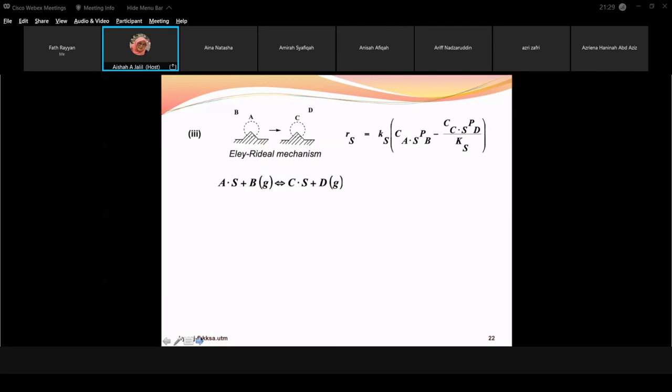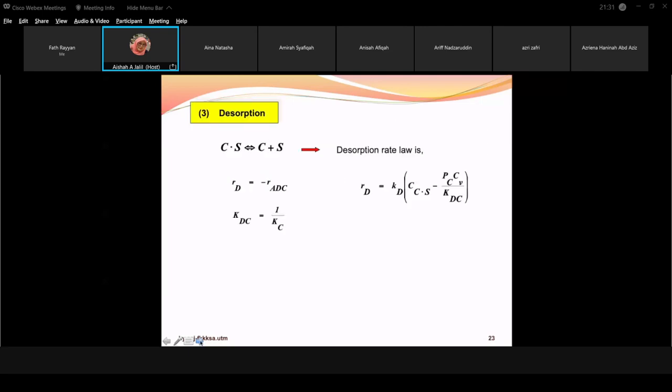So I don't know which one will be the question for your final exam. Okay, and then this is the last one, desorption. After adsorption, surface reaction occurred, and then the product must be desorbed from the site. So for example, the product is C, so C·S must be desorbed and then become C and also the vacant site.